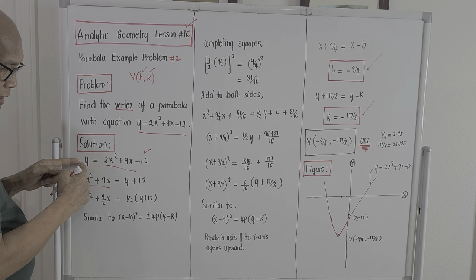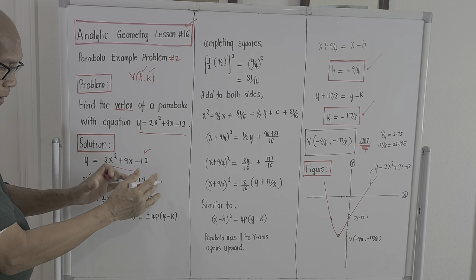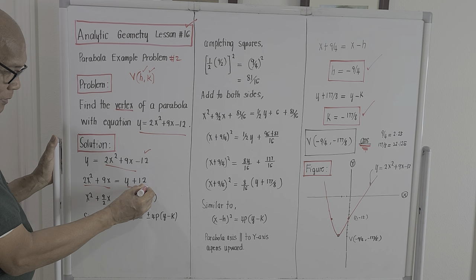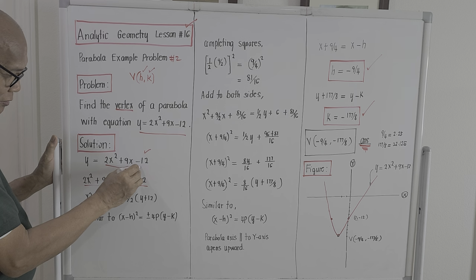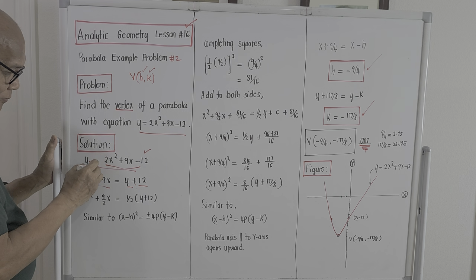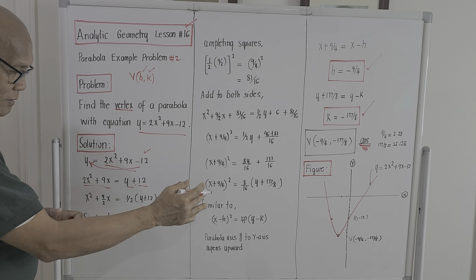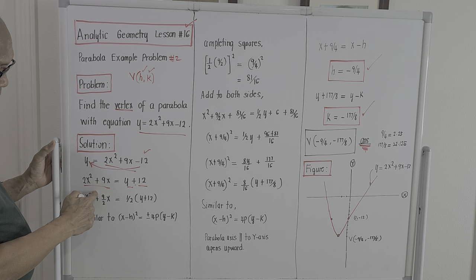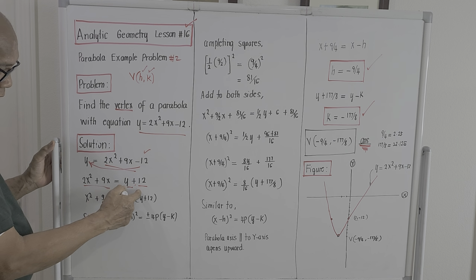So this y plus 12 actually combined. This will now be equal to y plus 12. This is no longer negative because we transposed this one to the left. Then we rearrange. So what comes out is actually 2x squared plus 9x equal to y plus 12.